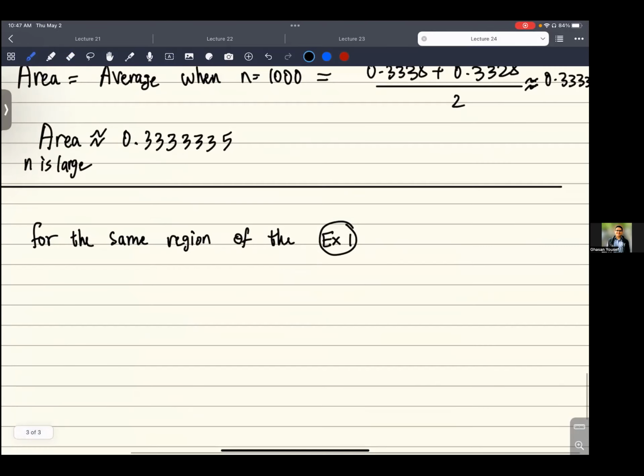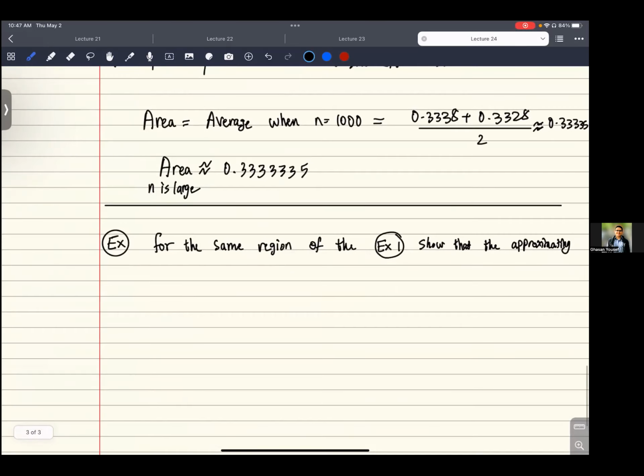Okay, the question is, show that the approximating sum, called R of n, approaches 1/3.